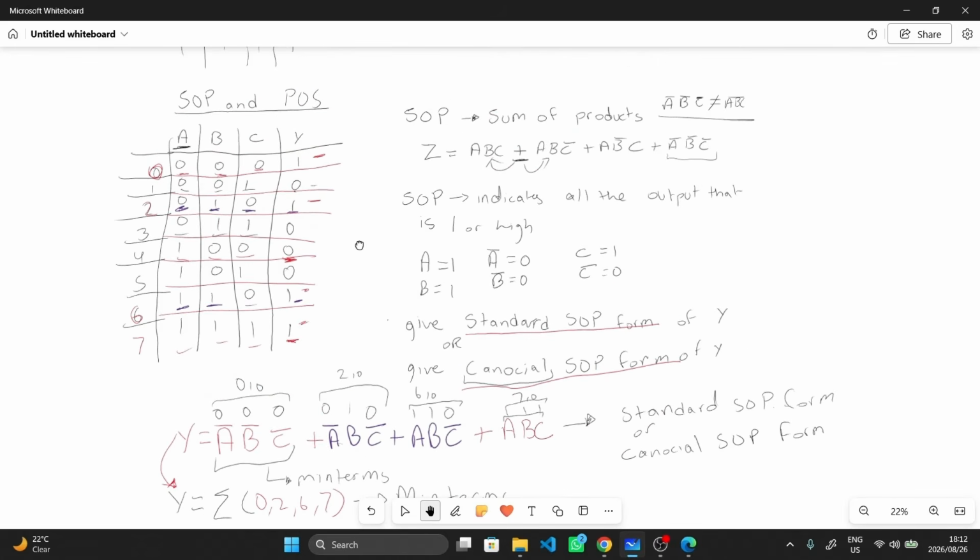Now our fourth 0, which is at 5, where A is 1, B is 0, C is 1.